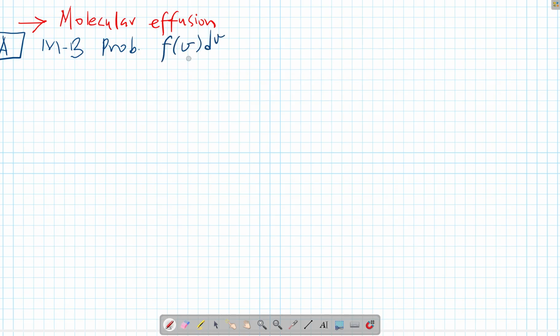So f of v is the probability density function, the Maxwell-Boltzmann density function, right? That was point A. The next point we have derived is the number of molecules, per unit volume.